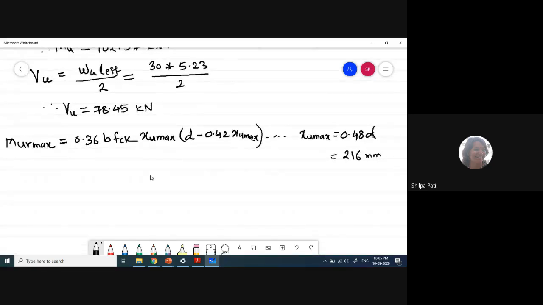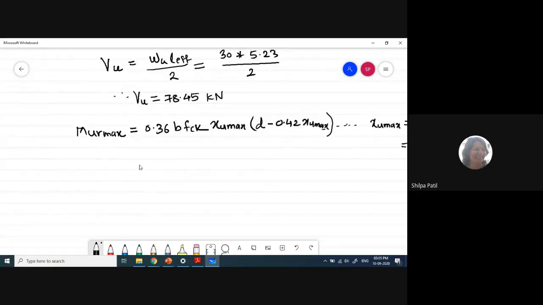If you know the Ru max values, which we have calculated as a design constant, corresponding to the grade of steel and grade of concrete, you can directly use that formula, that is Ru max into bd square. That gives us the maximum moment of resistance or ultimate moment of resistance.